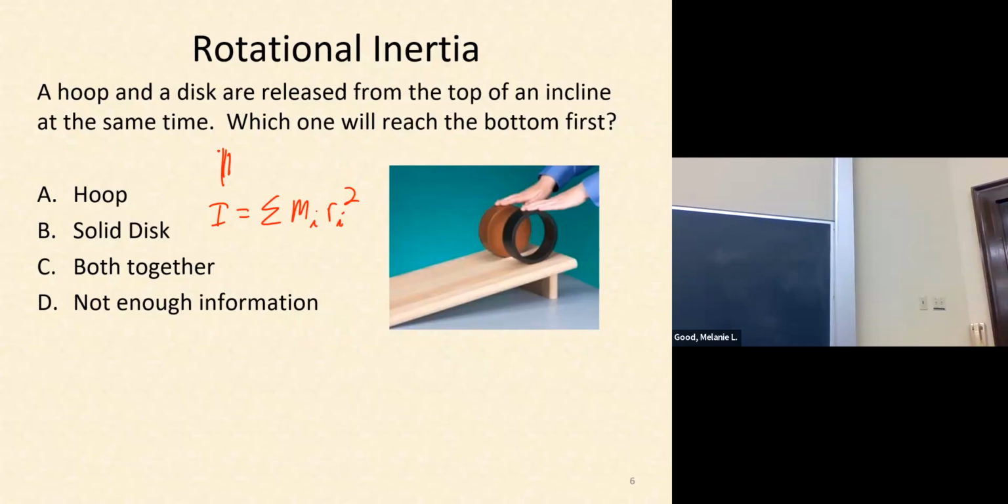So maybe you can use that to develop a little intuition about which one gravity will have an easier time rotating down this inclined plane. So how many are team hoop? How many are team disc? It's pretty split. Let's see who wins.